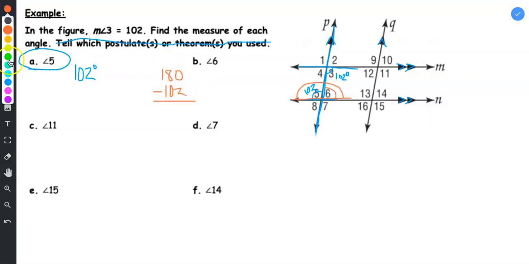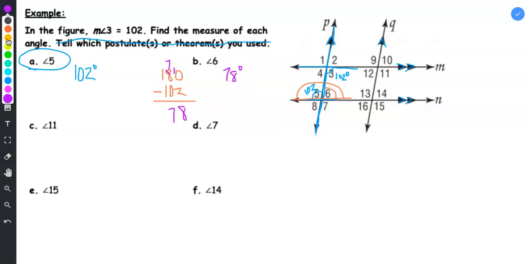So I borrow from the 8 and I make it a 7, and I add 10 to that 0. 10 minus 2 is 8, 7 minus 0 is 7, 1 minus 1 is 0. So the angle 6 is 78 degrees.